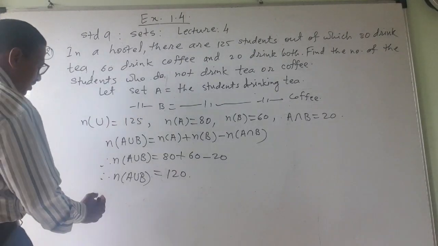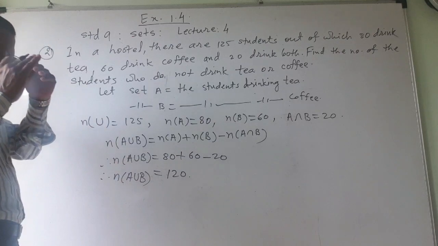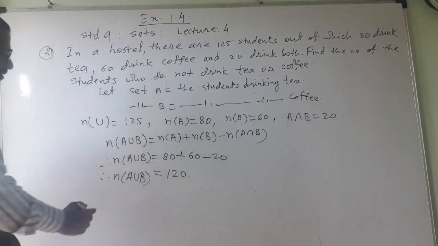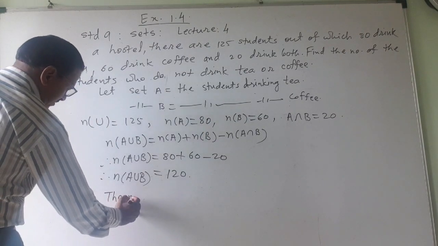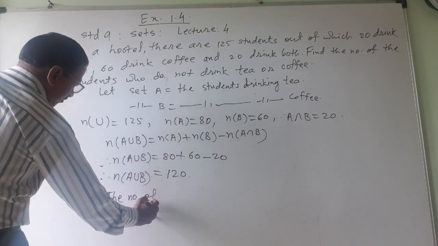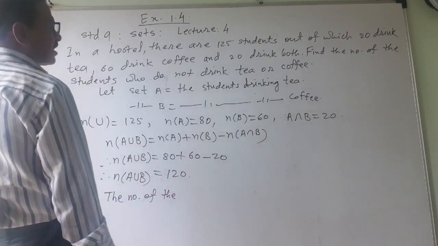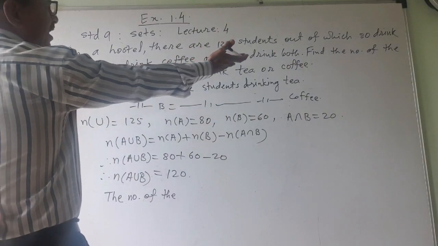These are the students taking either tea or coffee, something they are always taking. But there are some students who are not taking anything. What is the question? Find the number of the students who do not drink tea or coffee.